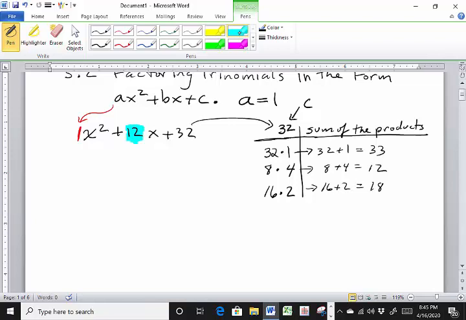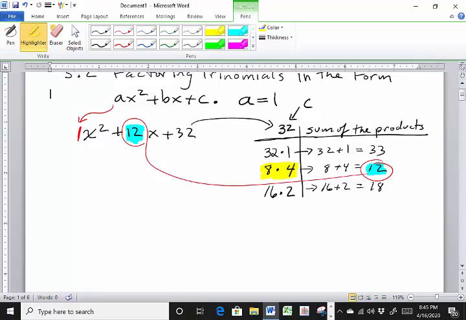Well, like I said, here's the 12, and you have 12 right here. So you know that these two values are going to be used to factor this. Okay?